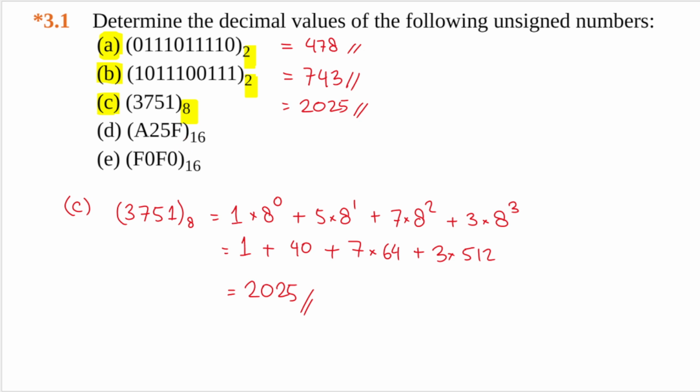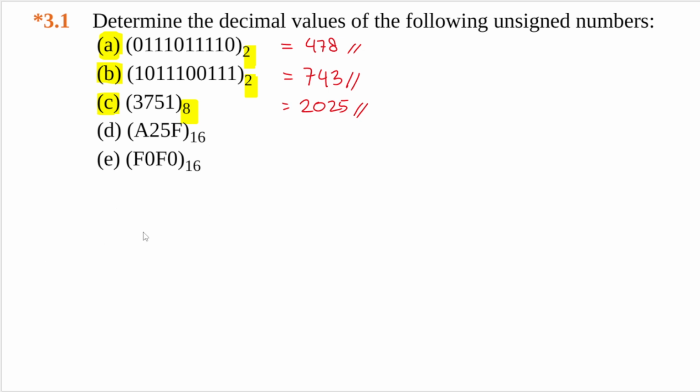Okay, let's clean up the slide first. Now let's move on to problem D. We will have this number here, but this time in base 16, or hexadecimal, you call it. Let's do that. We will have A 2 5 F, which is in base 16. Okay, let's rewrite that.